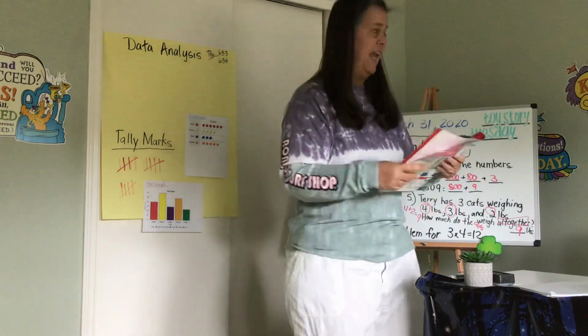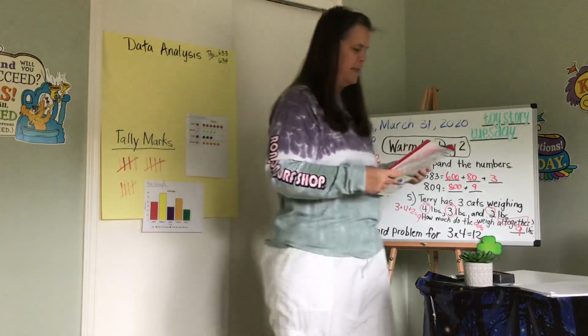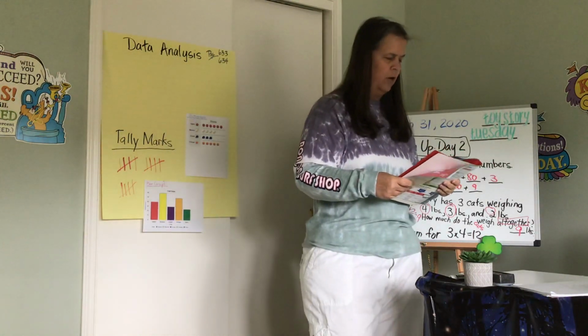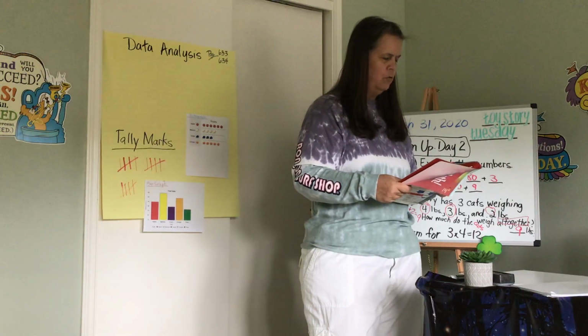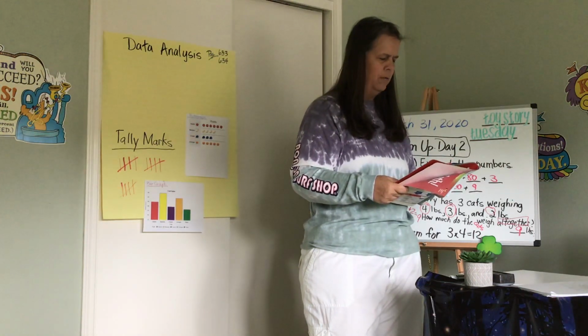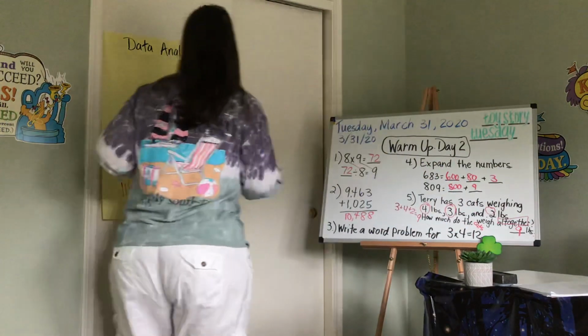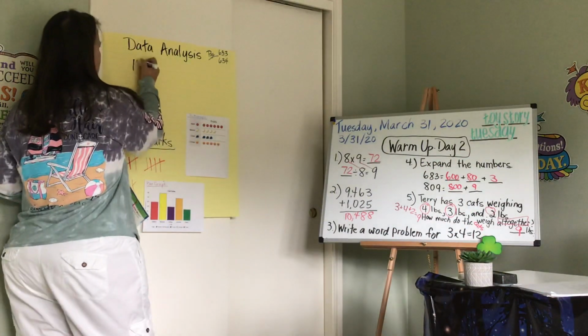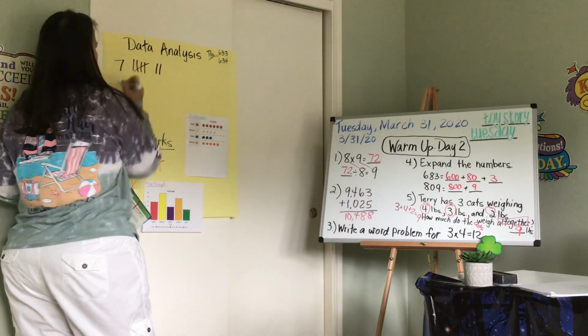How'd you do? I knew you'd do perfectly well. Turn to the next page. That would be 634. And we had to fill in our tally marks. Draw tally marks to show each number. 7 would look like this. 1, 2, 3, 4, 5, 6, 7.